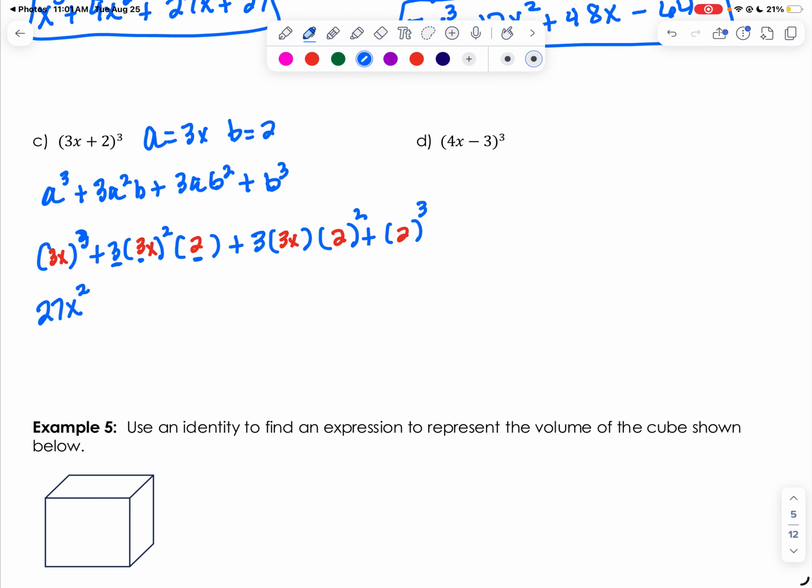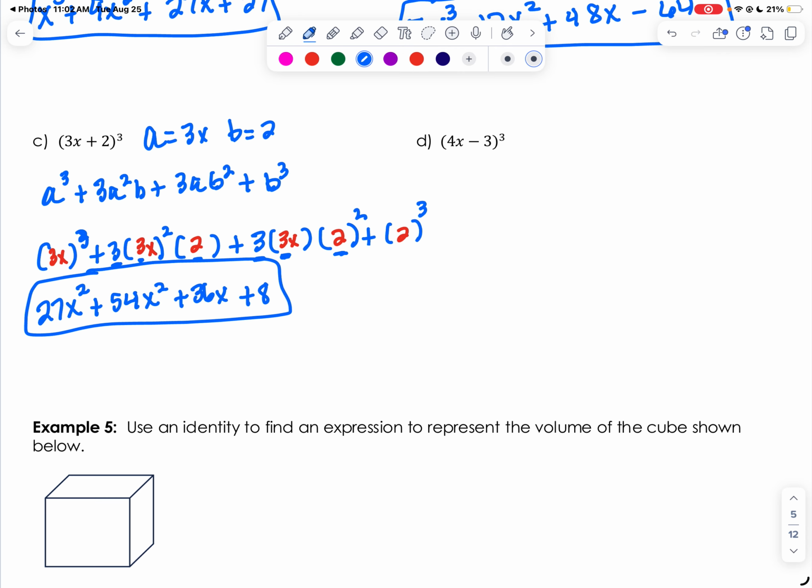So 3 times 9 is 27, times 2 would be 54x squared. In my next term, I have 3 times 3 times 2 squared. So 3 times 3 is 9, and 9 times 4 is 36. And then 2 to the third power gives me 8.